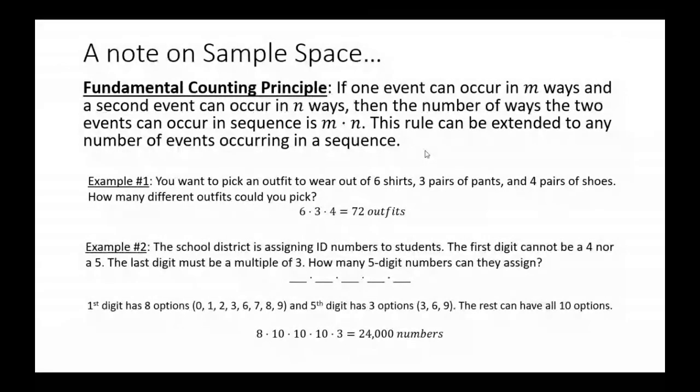Well, we want a 5-digit number, so you could start by just putting blanks for each of the 5 digits. Then you go through each blank and figure out, are there any restrictions? For the first digit, did I say anything about any restrictions on the first one?